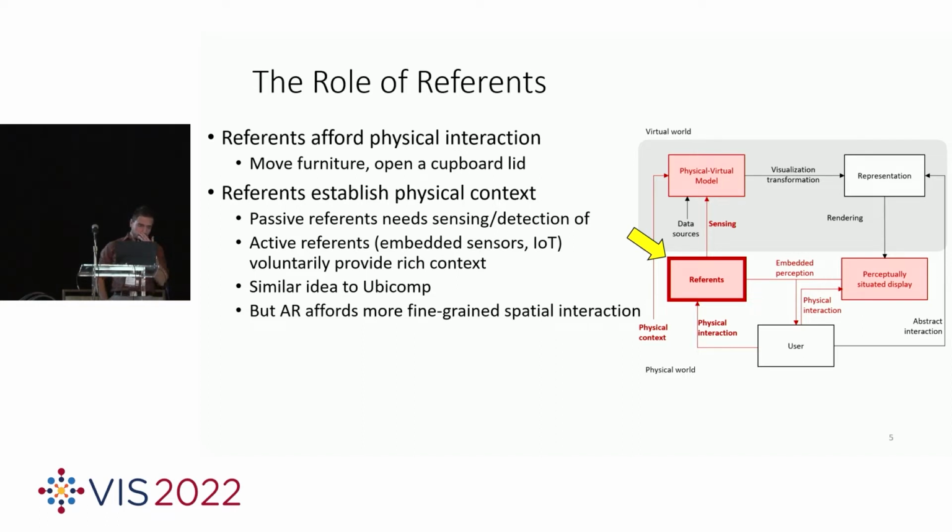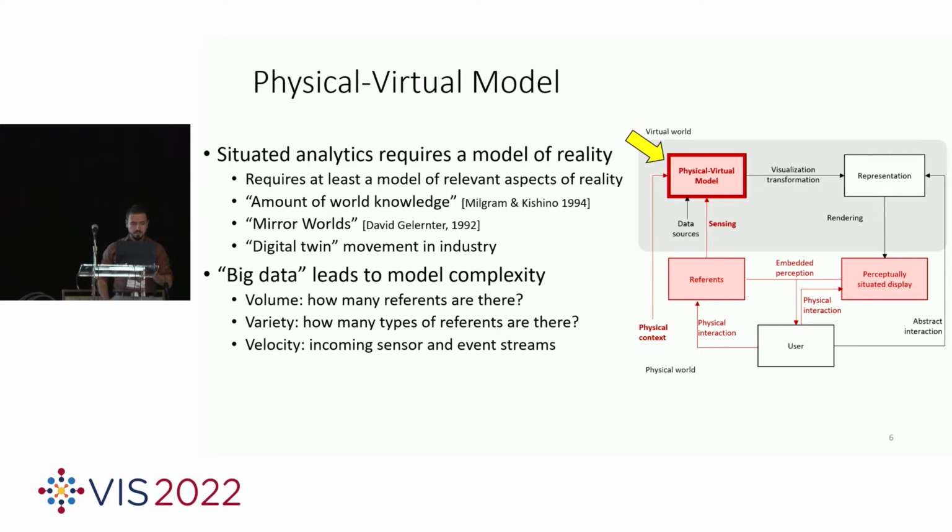But to represent all this reference, we also need something like a physical-virtual world model. This is also referred to as digital twinning or similar words. The reference that we will talk about may be active, like sensors, or passive, as I mentioned before.